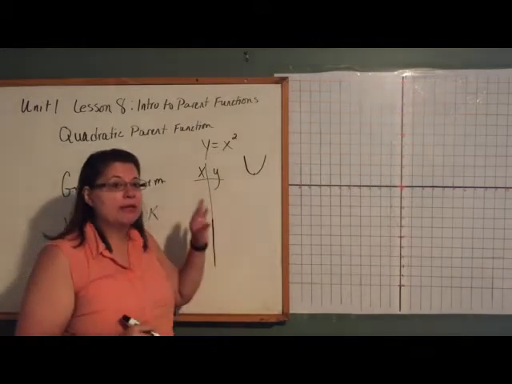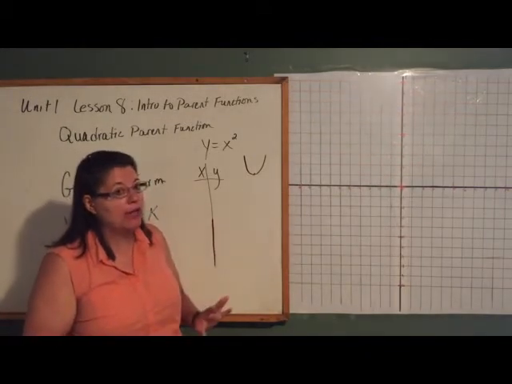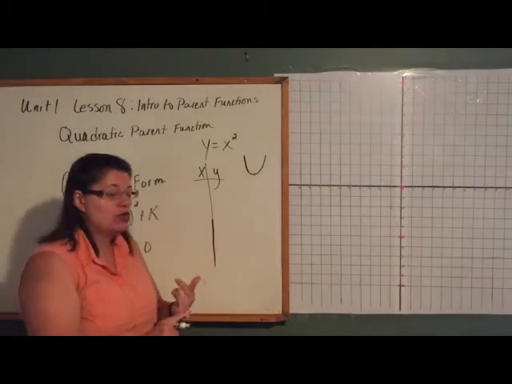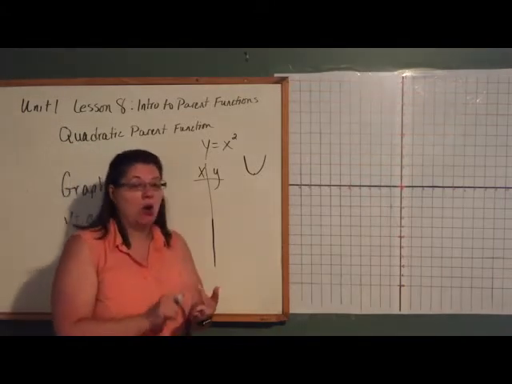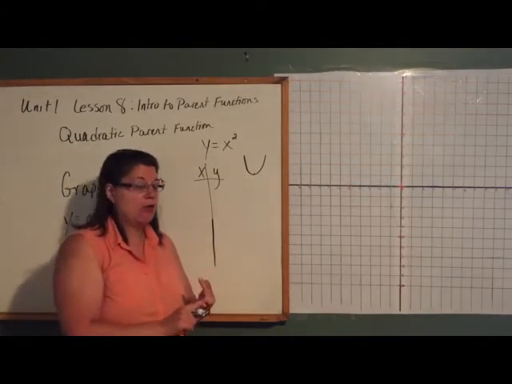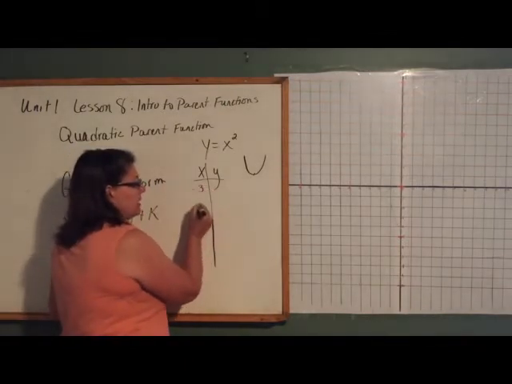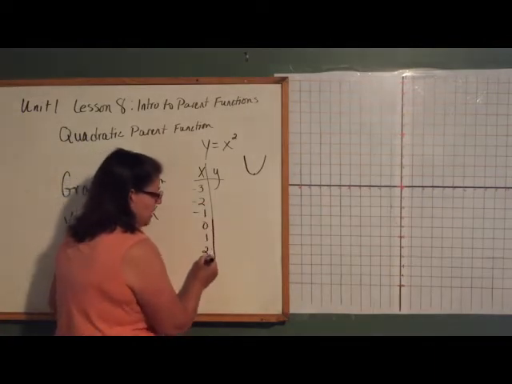Whenever I'm plugging numbers into a graph to figure out what the graph will look like, I always choose some negative numbers, I always choose 0, and I always choose some positive numbers. So I'm going to start with -3, -2, -1, 0, 1, 2, and 3.